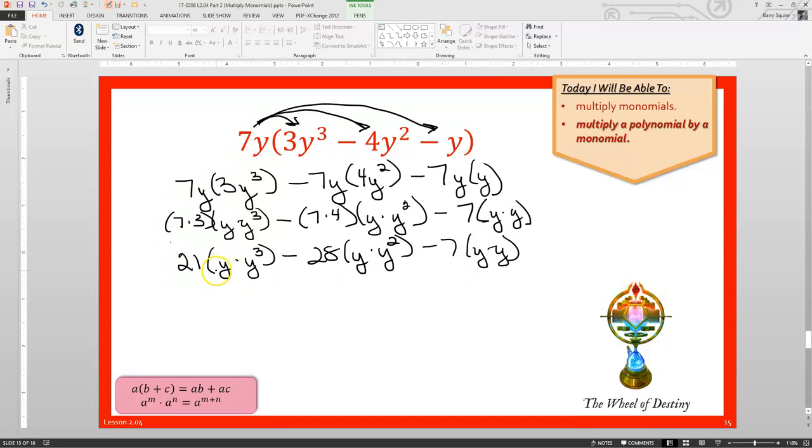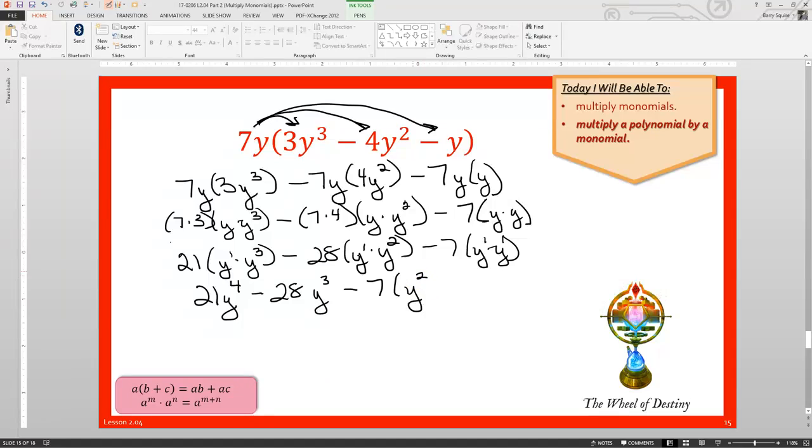Now the product of powers property. Got it right that time. 21 times y to the first, y to the third, so that's going to be y to the fourth, minus 28 y to the first times y to the second becomes y to the third, minus 7 y to the first times y to the first.